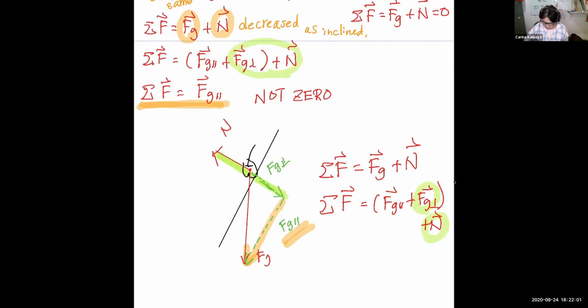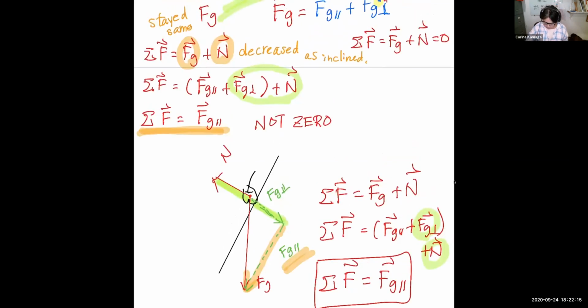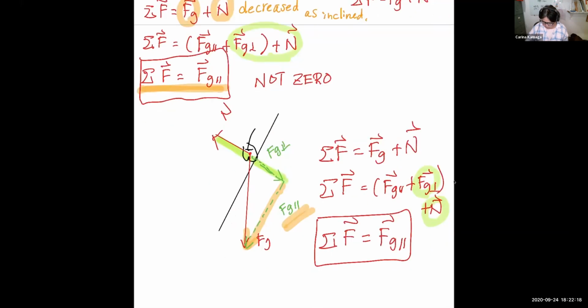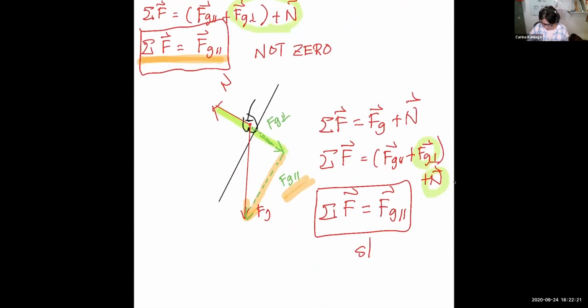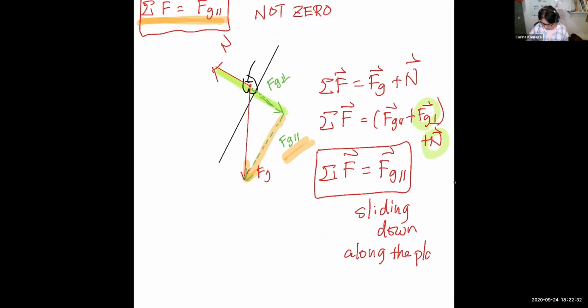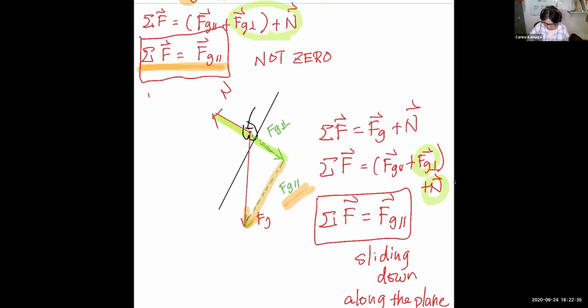So what's left is the net force, Fg parallel. That's the net force. So it slides down along the plane. This one too slides down the plane.